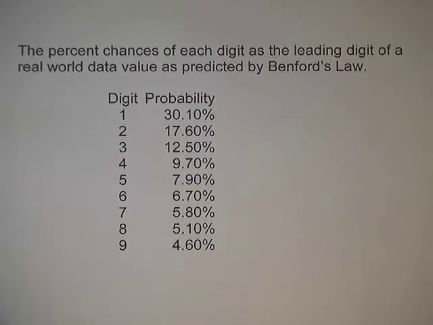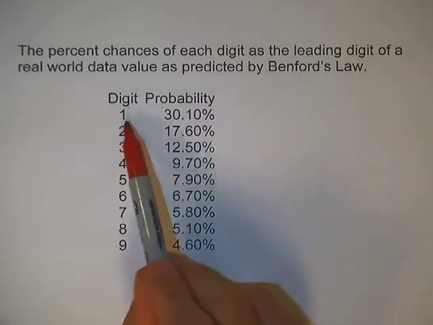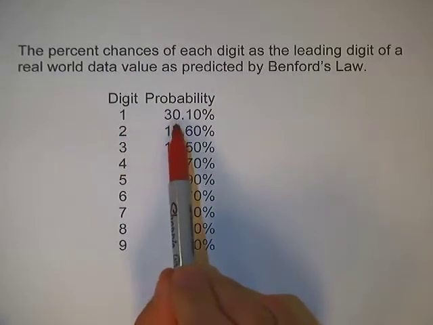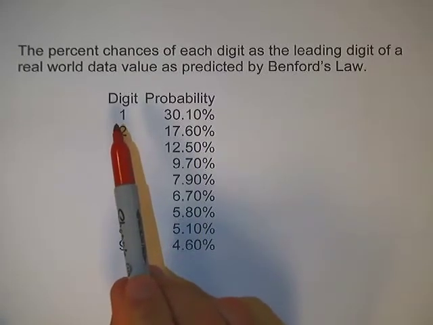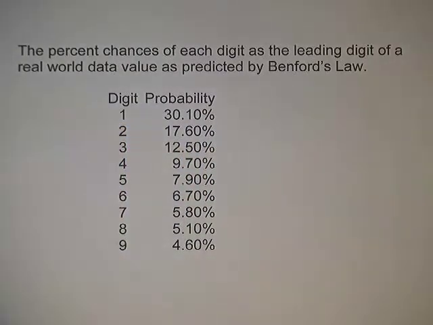The percent chances of each digit as a leading digit of a real-world data value is predicted by Benford's law. What that's saying is that the digit 1 has about a 30% chance of being the leading digit. If we go back to that housing value example, there are going to be a lot of houses that will be about $100,000.